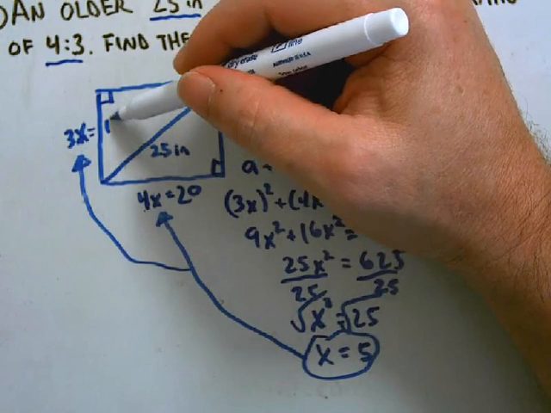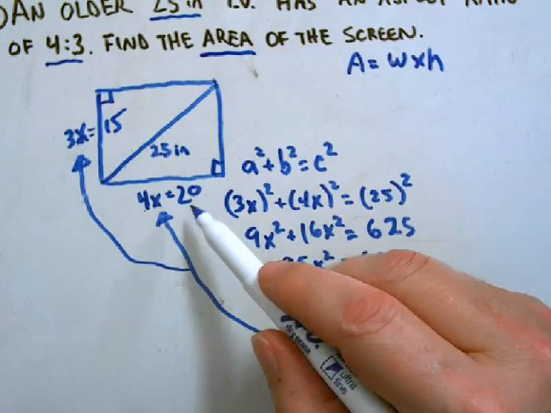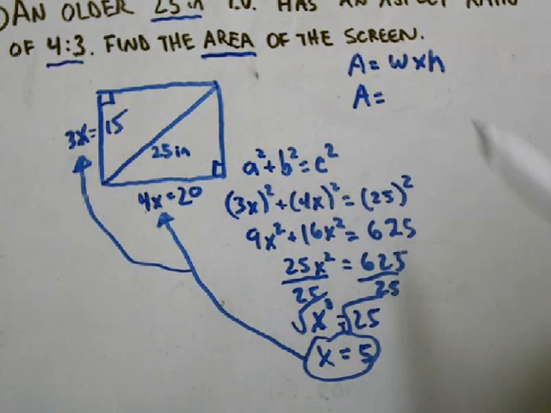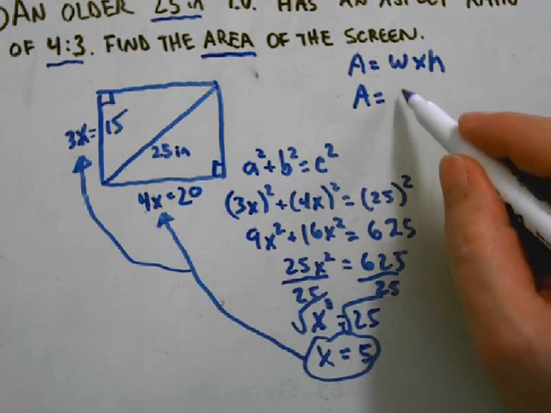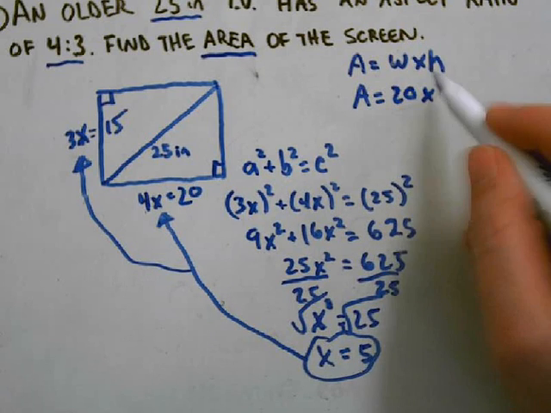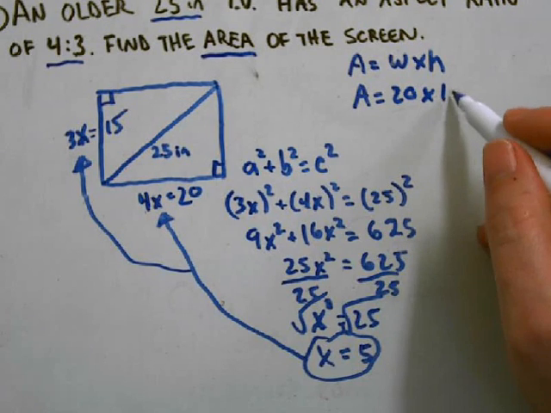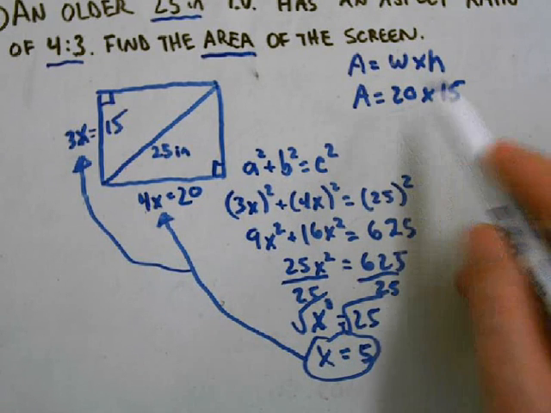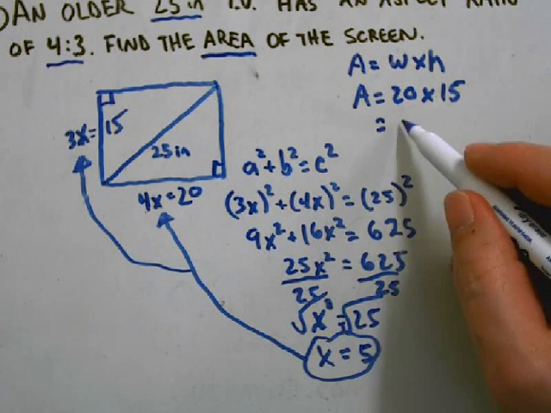So area can now be found with the dimensions: 20 wide times 15 high. 2 times 15 is 30, add a 0 is 300 square inches.